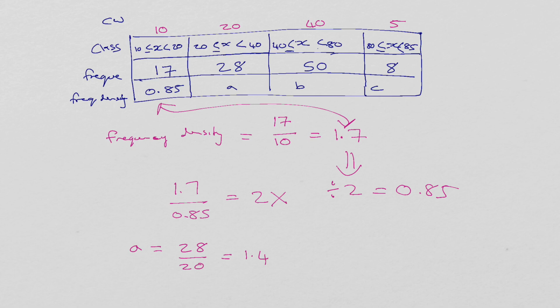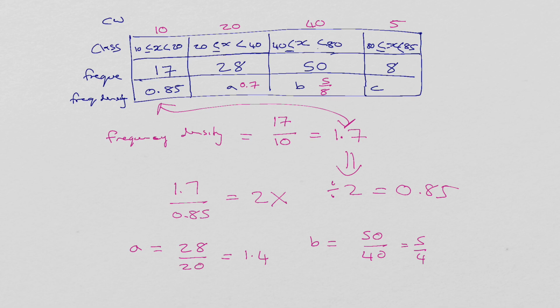But we don't use 1.4 because they scaled it, right? They divided it by 2, so you divide it by 2. So this one is 0.7. Okay. And then the next one, again, you work out the frequency density, which is your frequency over your class width, which is obviously 5/4, and you divide it by 2, which is 5/8, right?